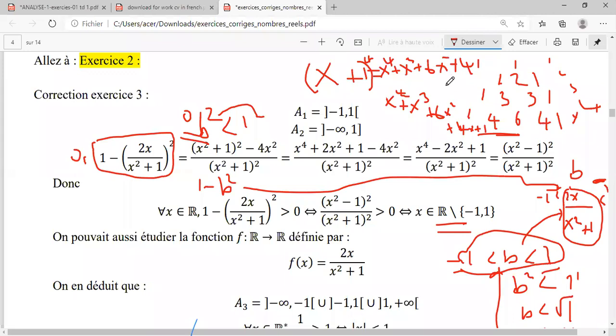Normally it's supposed to be written like this. So we've actually found the expression for x plus 1 to the power 4. So that's what we use Pascal's triangle for. Okay. Est-ce que c'est bon?